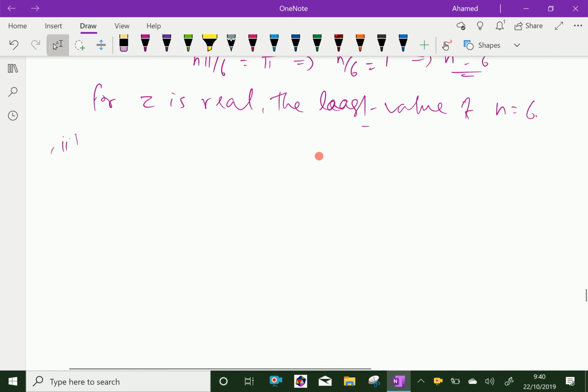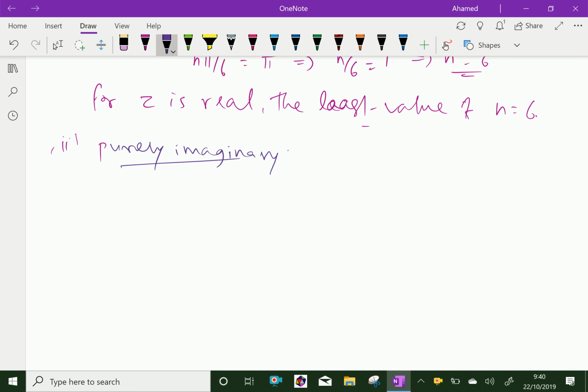For the second part, purely imaginary, we know that z must be minus of z bar. That means z must be equal to minus of the conjugate of that complex number.